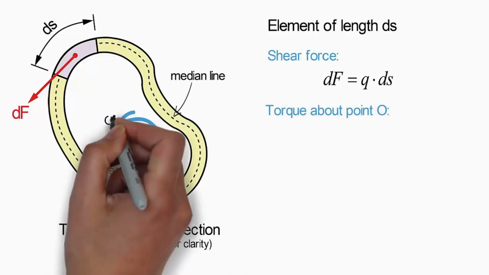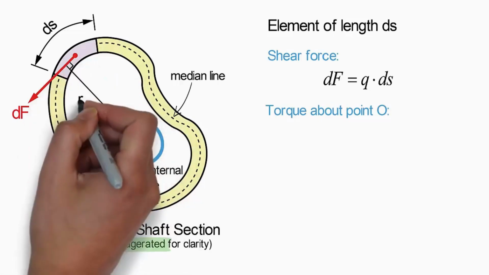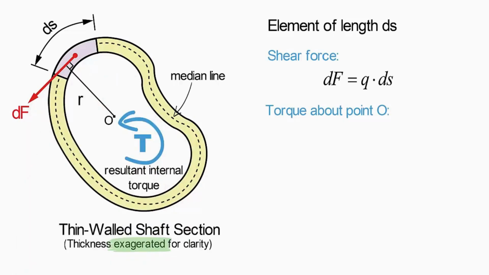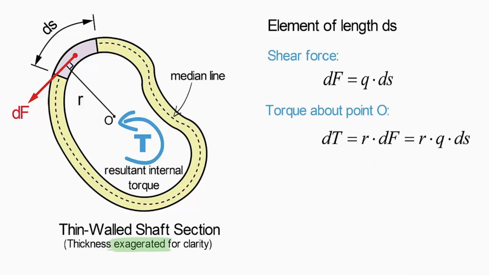To define this moment, we will define a datum point, O, about which to sum all of the torsional moments acting on the cross-section. Denoting the moment arm for dF about point O as r, we can express the moment due to dF as dT equals r times dF. Substituting in our result for dF, we get that dT is equal to r times Q times ds.